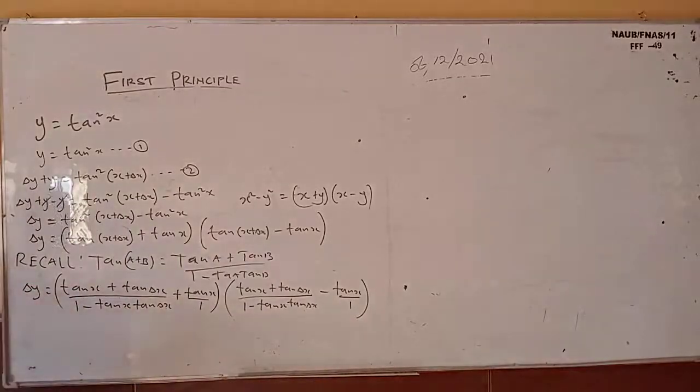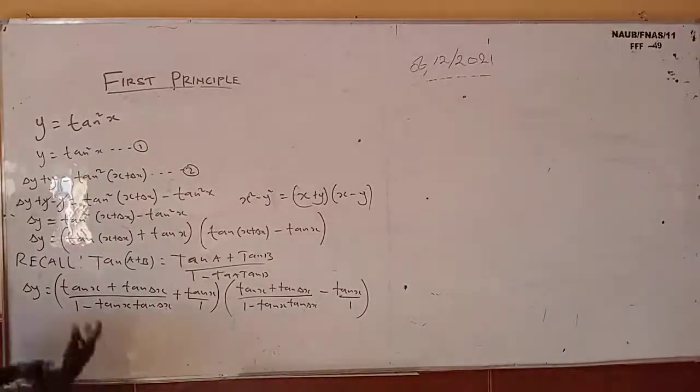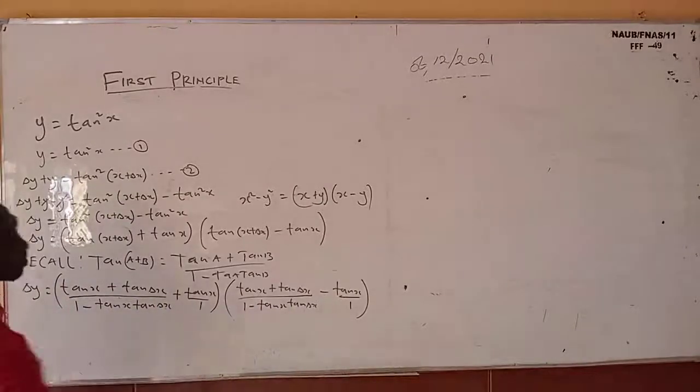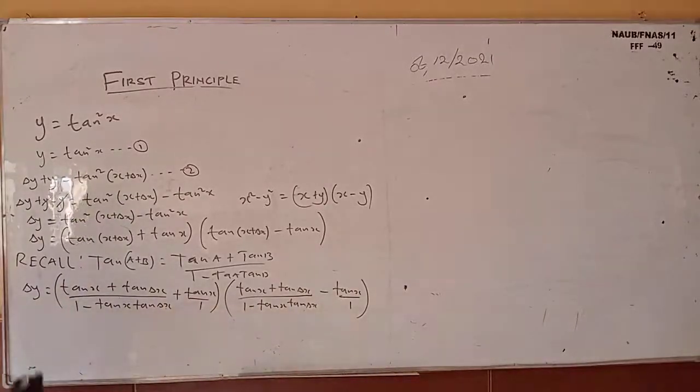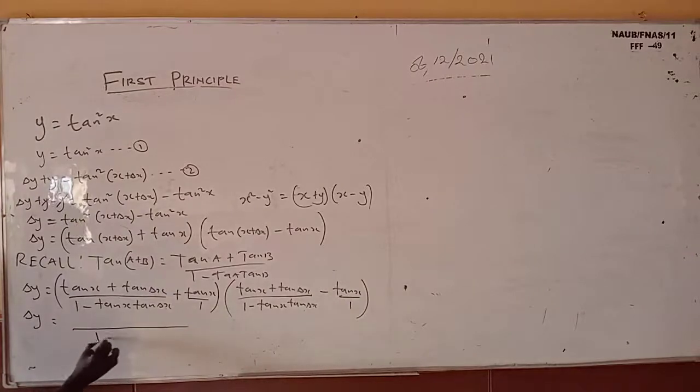So now the next thing is just to find the LCM of 1 and this. Everything you do here, you do it here. That's just the meaning of what we are doing. So now change in y will be equal to the LCM of 1 and 1 minus tan s tan change in s, which is 1 minus tan s tan change in s.